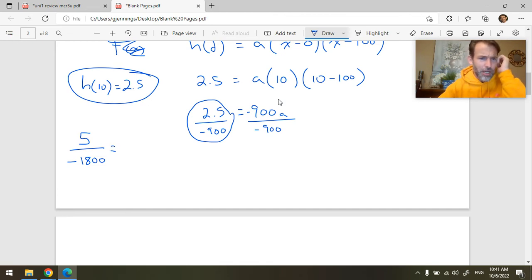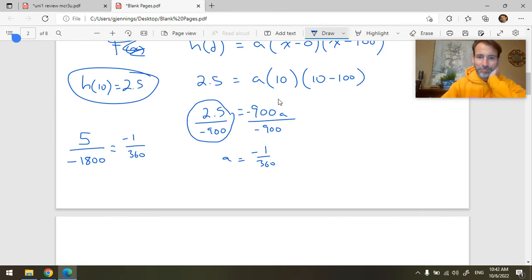You can convert on your calculator, but it's probably not going to be, well, maybe this is an exact value. I can't remember. Anyway, how many 5s are in 1800? Well, that's negative 1 over 360. So a is equal to negative 1 over 360. How do I know that? Divide 180 by 5. It has the common factor 5 in there, so you'll find that that's true.